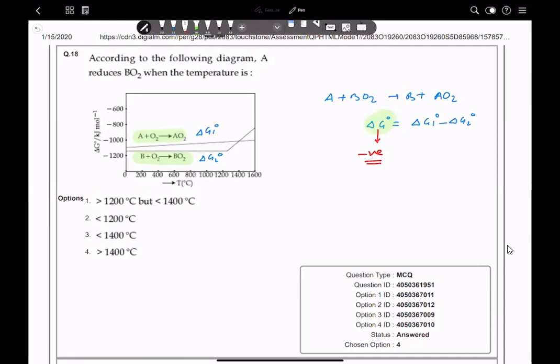And this value comes out to be negative when, as both delta G1 naught and delta G2 naught are given as negative values, delta G1 naught must be more negative than delta G2 naught. That is the requirement.